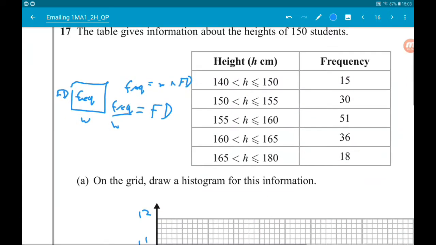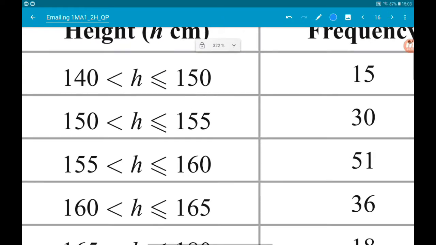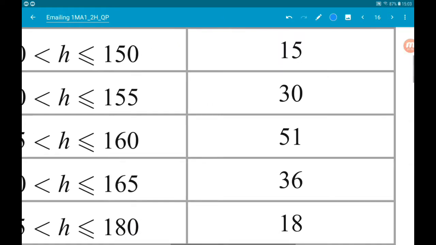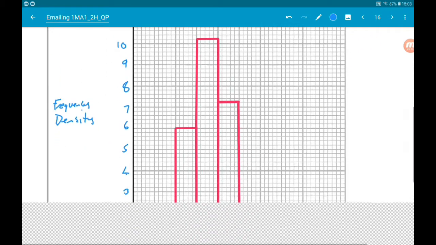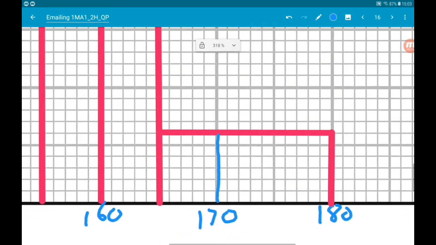So that's all of the ones in those 3. And then what we need to work out is the area of this part of the bar.